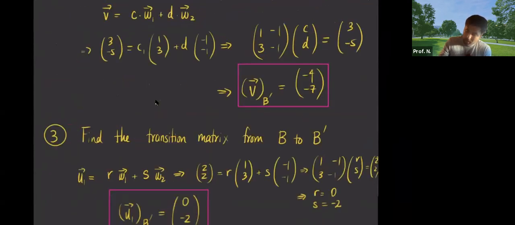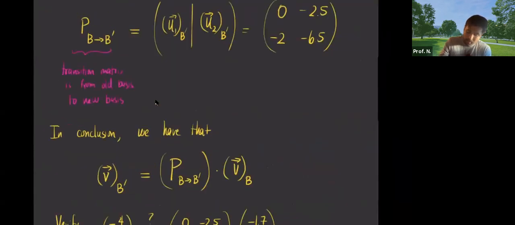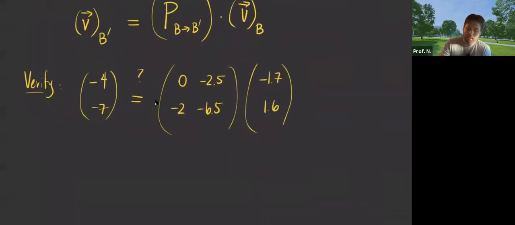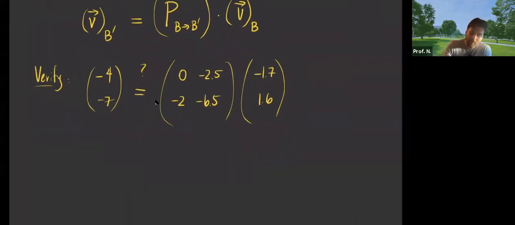It's 1.6, positive, pardon me. So is this true? You can compute this by hand or using your calculator, and I'll use my calculator for this. You got 0, -2.5, -2, -6.5.